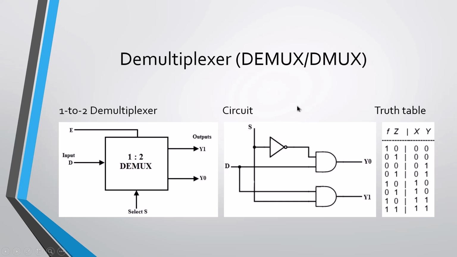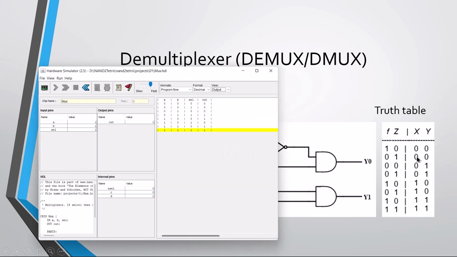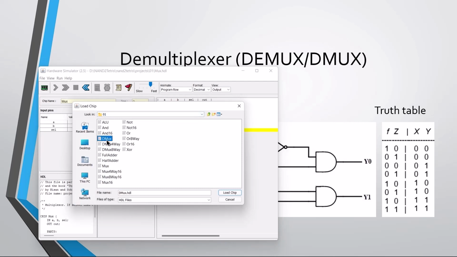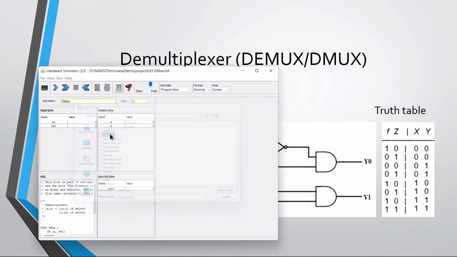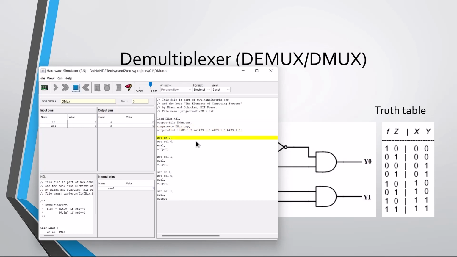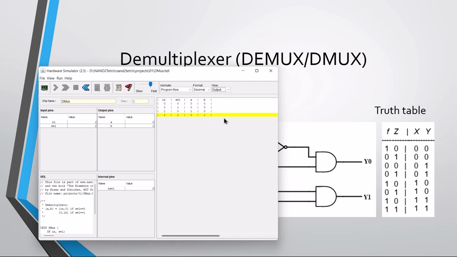Next, demultiplexer. It does the opposite of the multiplexer. It uses one input signal and generates many. So it is known as demux or data distributor. Block diagram, circuit and truth table. We can see the output here.